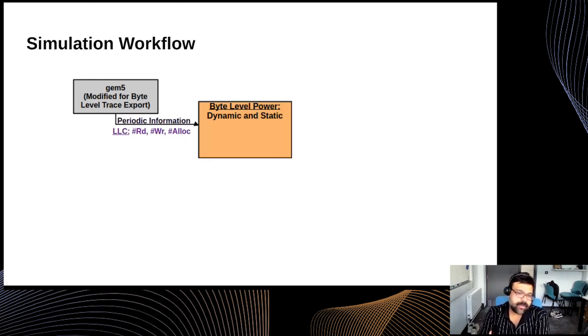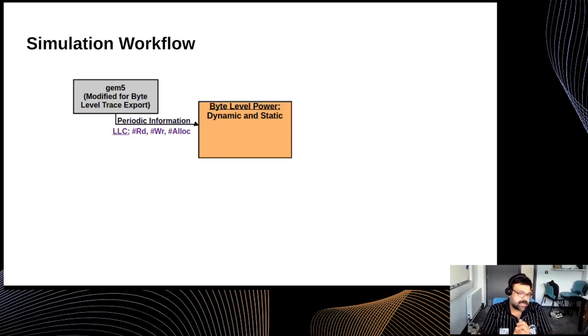Static power, we have defined in a different way than the prior simulators, because all of the prior simulators for memory at the architectural level were based on the CACTI model, and the CACTI model has some issues computing the static power, adding some randomization and assumptions. It did not have a model for in-between temperatures.